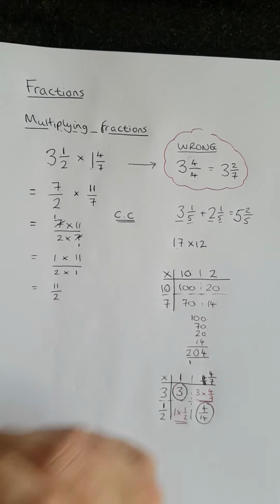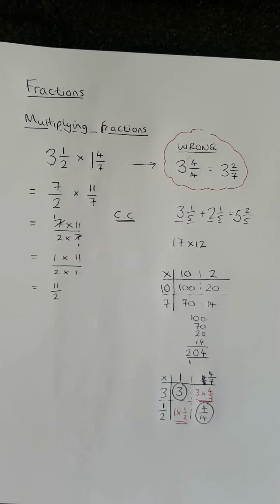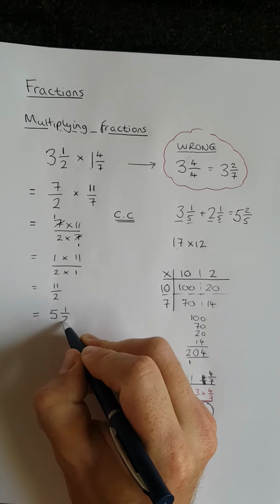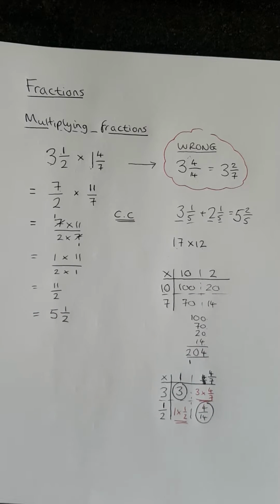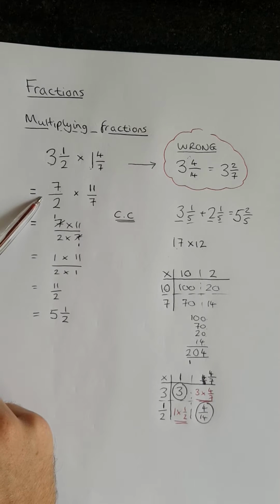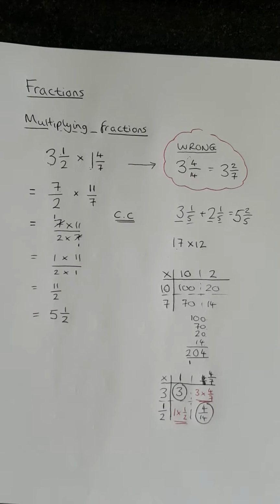So it's 11/2. You may wish to write that like that. You don't have to unless the question specifies it. So when you have mixed numbers, convert them to improper fractions and do exactly what we've done before.